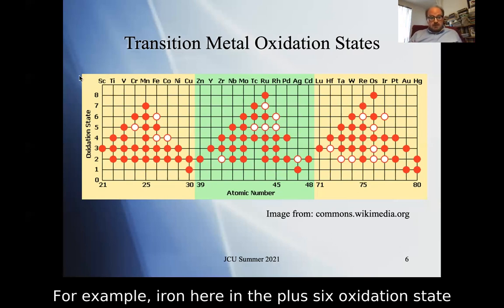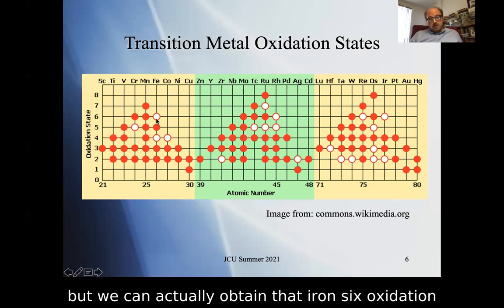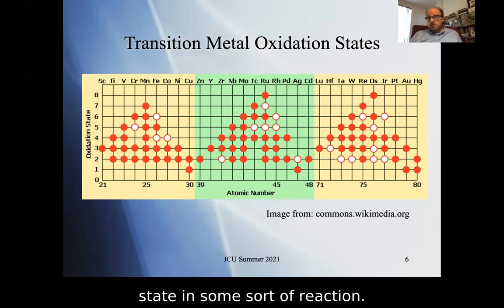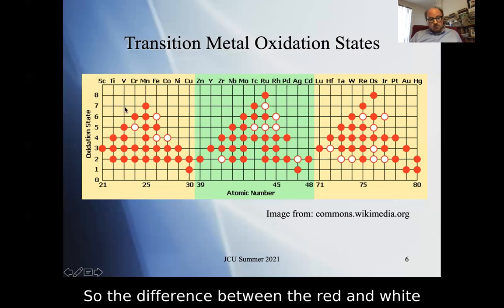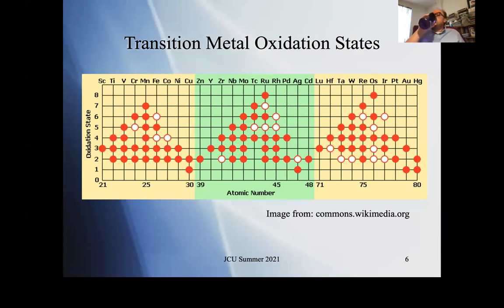For example, iron here in the +6 oxidation state may not actually exist in a stable compound, but we can obtain that iron +6 oxidation state in some sort of reaction. So the difference between the red and white is basically the likelihood of finding it in stable compounds.